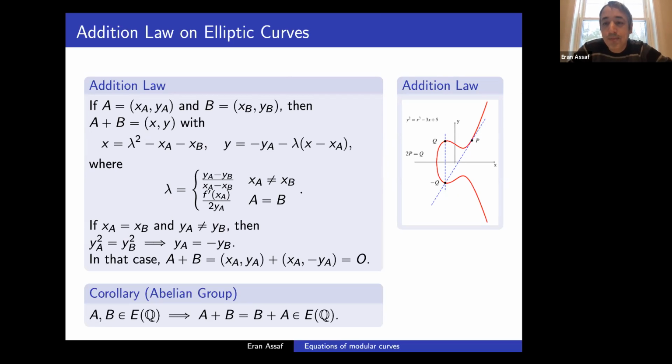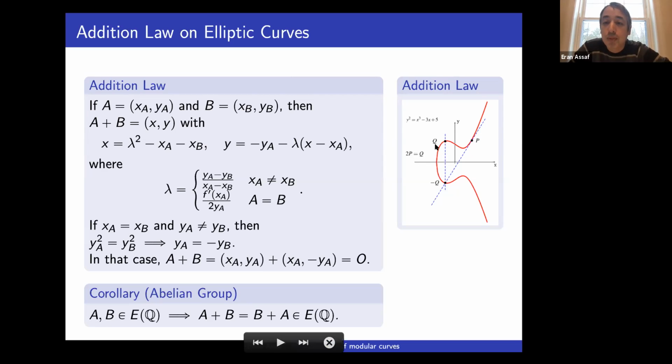Maybe one thing I should add: in order for this addition to really form the structure of an abelian group, we need a zero element, which we construct by adding a point at infinity. If you have two points, for example, as you see here in the picture, Q and minus Q that lie on a vertical line, we simply define their sum to be the point at infinity.